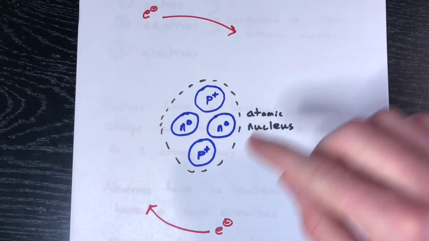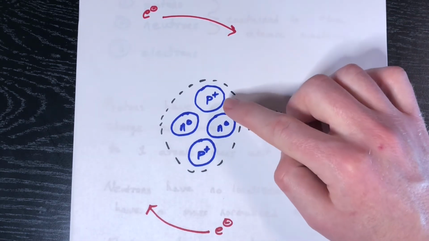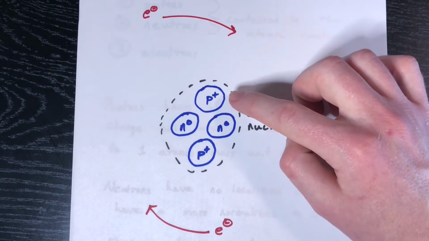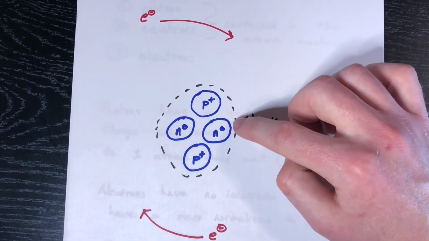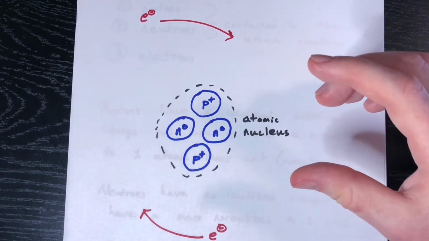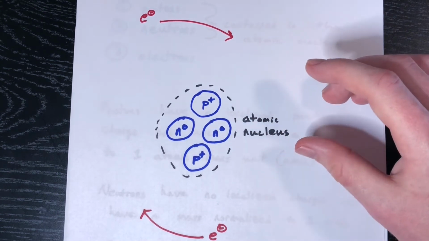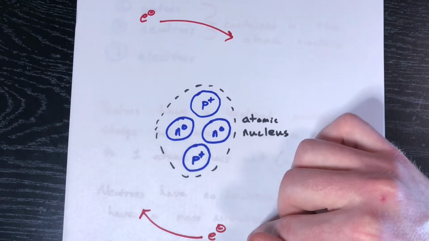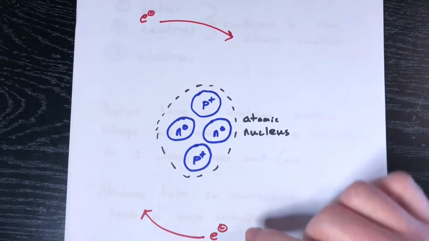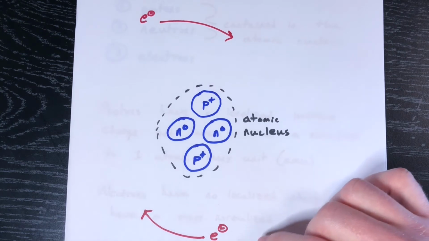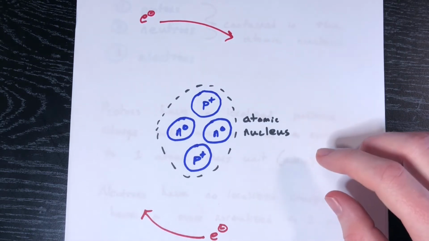Now, the next thing to notice here is the protons, like I mentioned, have a very high mass relative to the electrons. So the protons and neutrons are basically a stationary object. They're so massive that they're not going to move. The electrons are the things that are moving around the atomic nucleus because they have much less mass, so they can move around more freely.